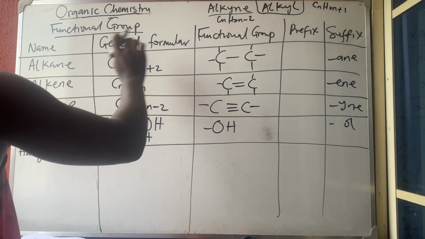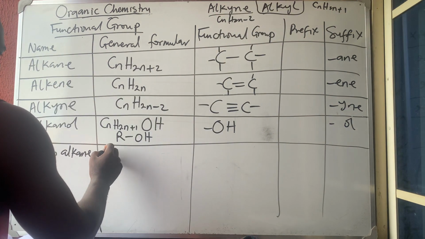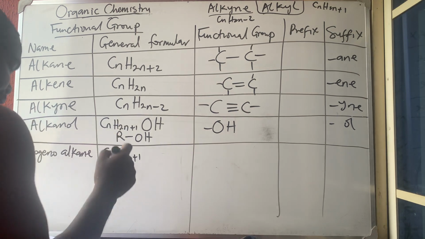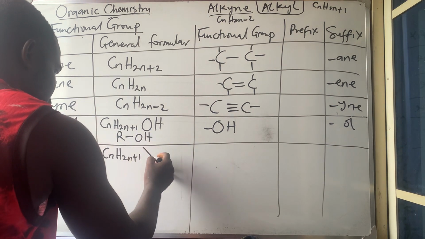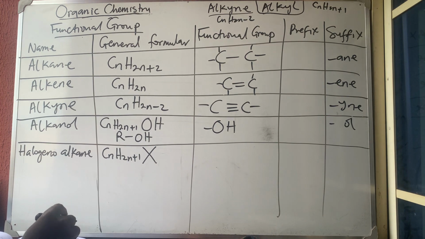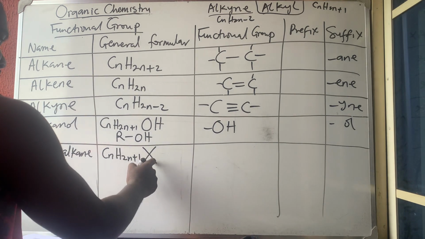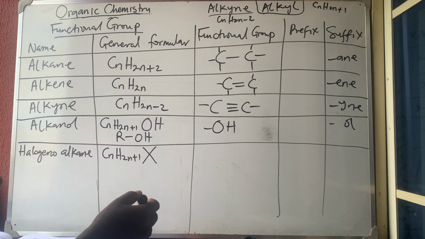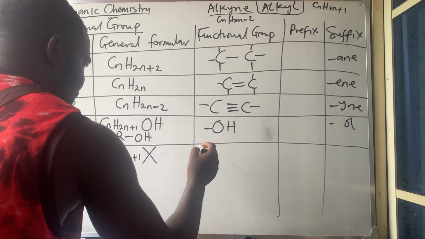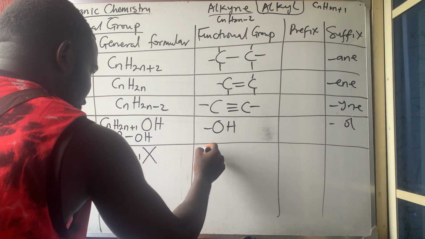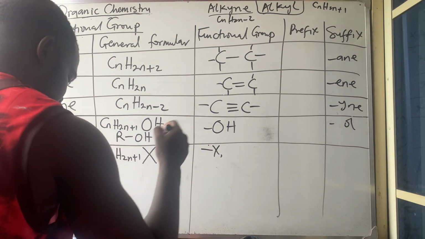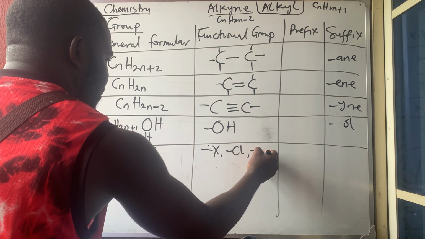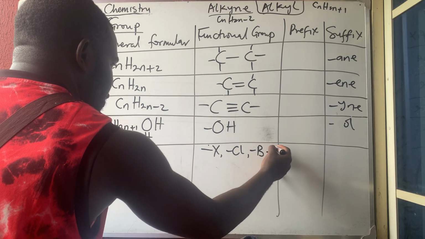Apart from these three, what we use is the alkyl. So you just write your alkyl, CnH2n+1, before I add my halogen. I will represent the halogen with X, where X is my halogen, and their functional group depends on the halogens. Of all the halogens, we have the chlorine, the bromine, the iodine.